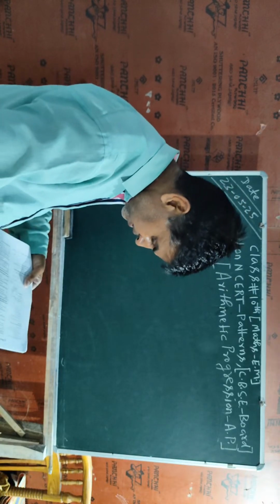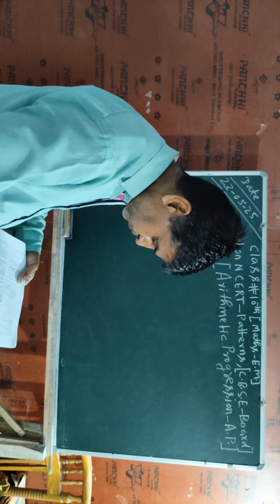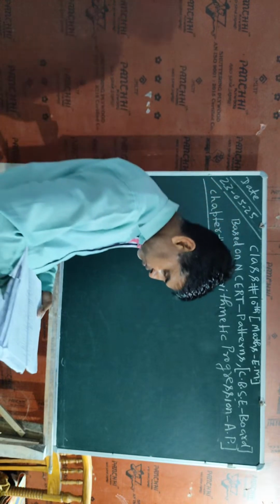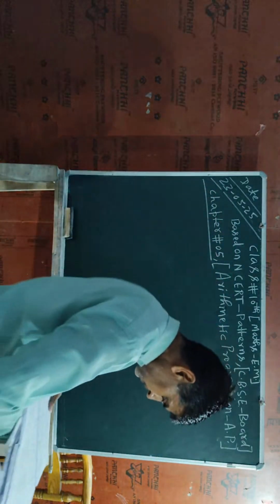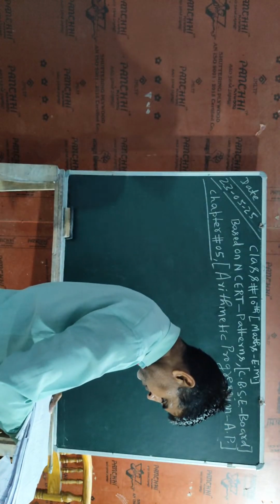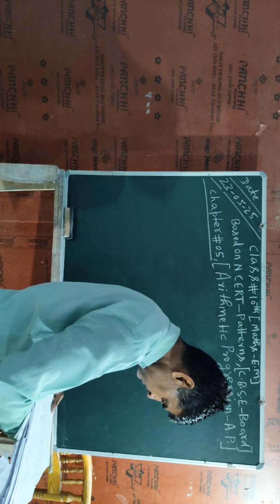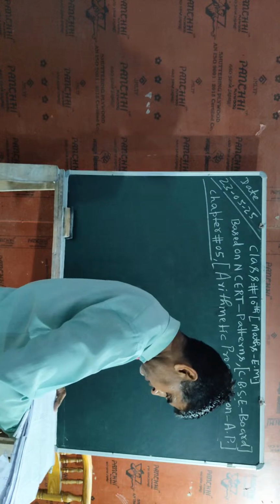Here, an arithmetic progression consists of 50 terms, of which the third term is this much and the last term is this much. Find the required term of the arithmetic progression.